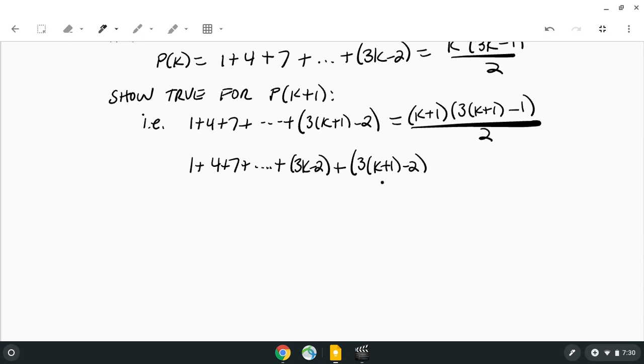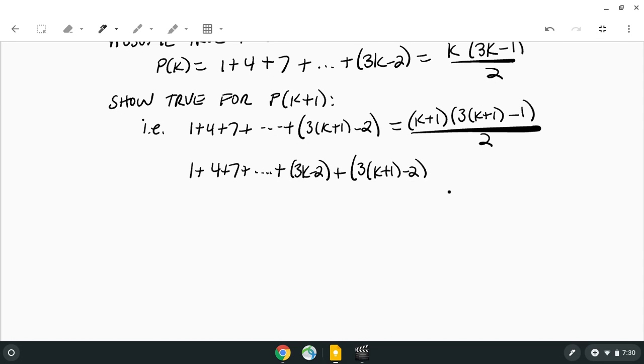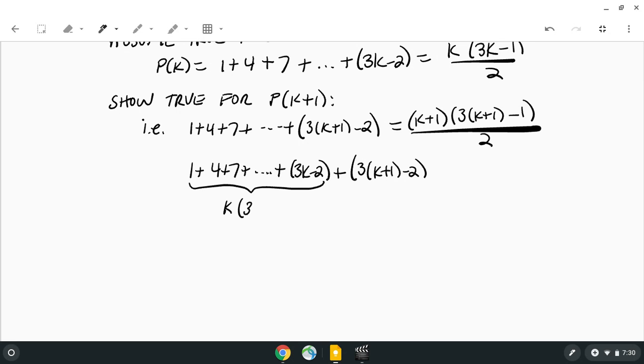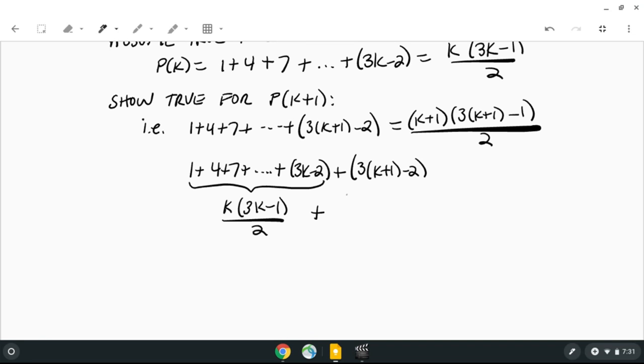You're trying to manipulate this left-hand side so it looks like that. Okay. So this part is the first k terms, so we can rewrite it as this right here. k(3k minus 1) all over 2 plus 3(k plus 1) minus 2.